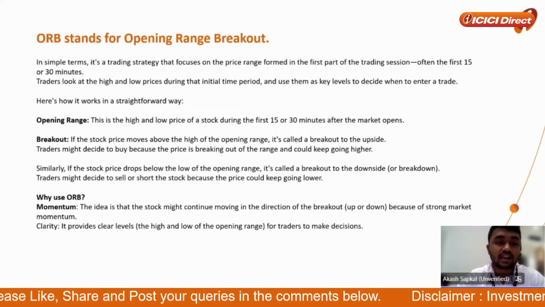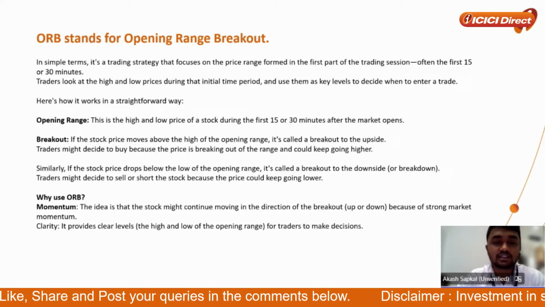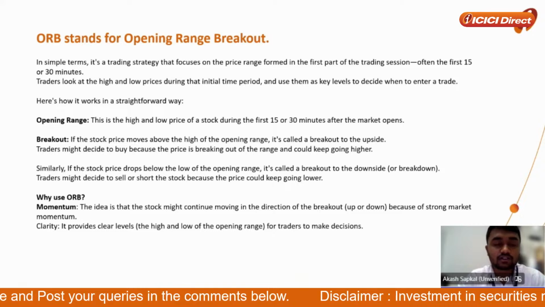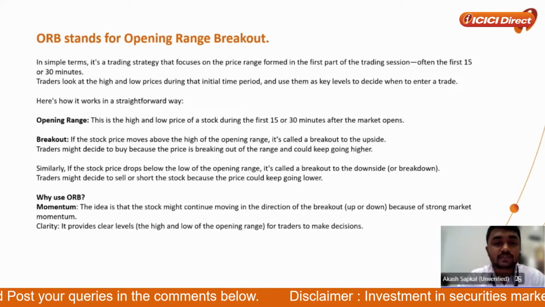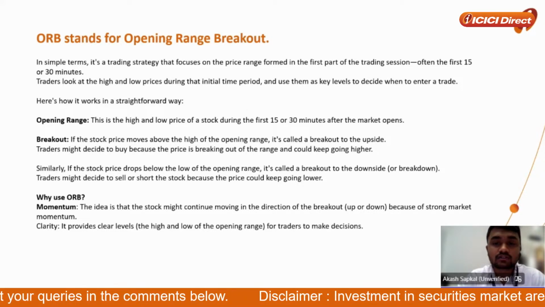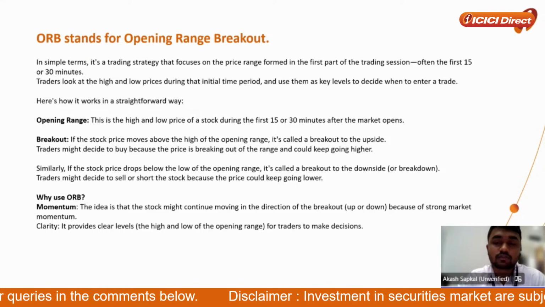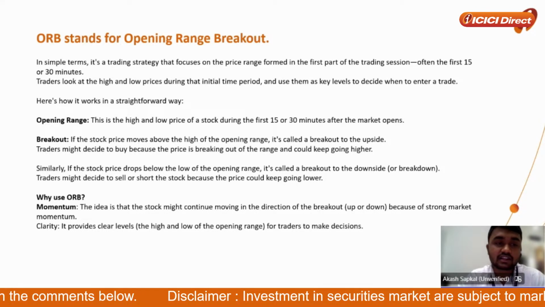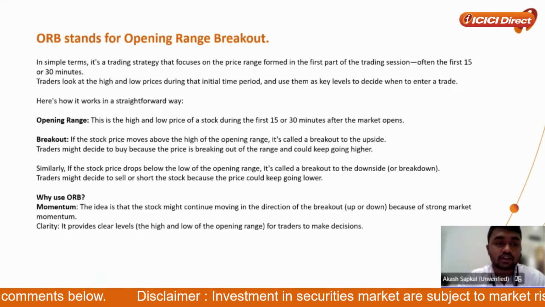Based on that, if our high is broken, we will consider it a breakout to the upside and place a buy order. We are hoping that the breakout will keep going higher and higher, and we will exit by selling and book the profit.